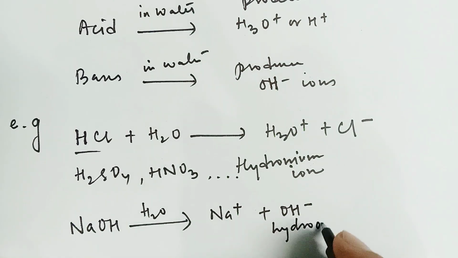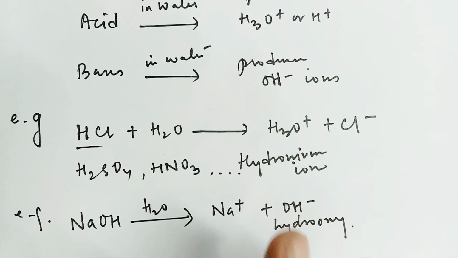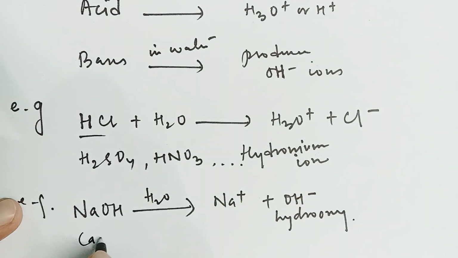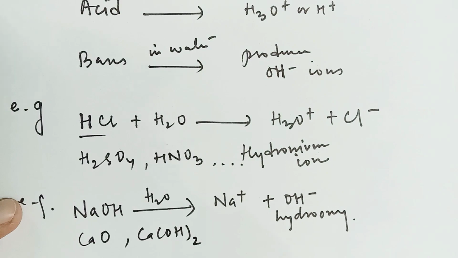So whatever compounds produce hydroxyl ions will be referred to as bases. Generally, in your book, you will see that the oxides or hydroxides of compounds are bases. Now, some bases are soluble in water.